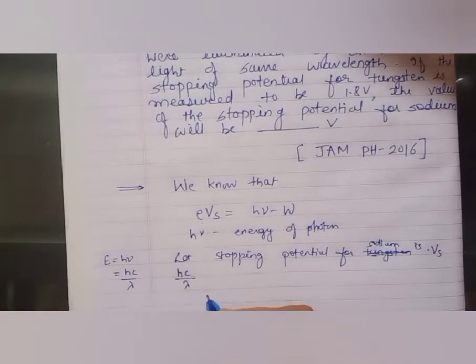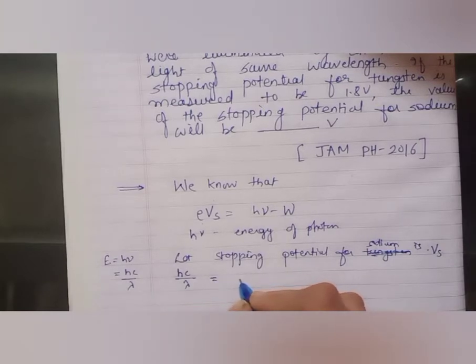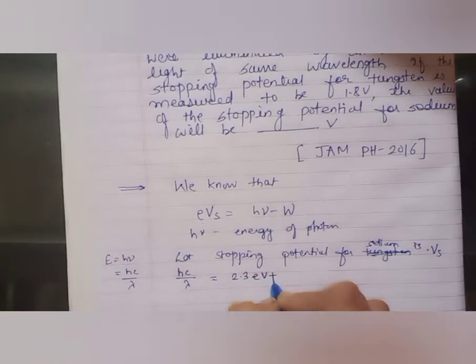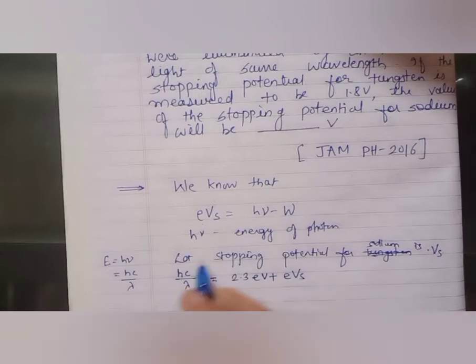So the energy of the photon, hc upon lambda, is equal to the work function of sodium, given as 2.3 electron volt, plus the stopping potential term eVs.